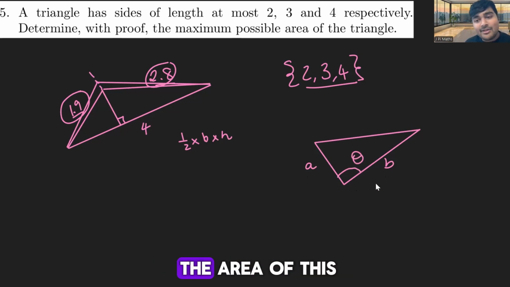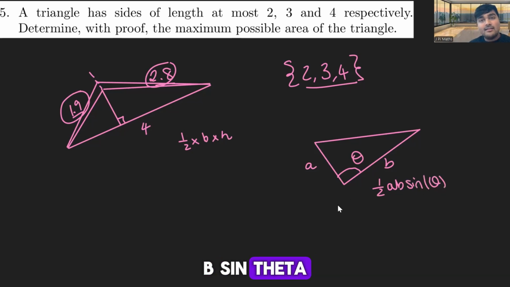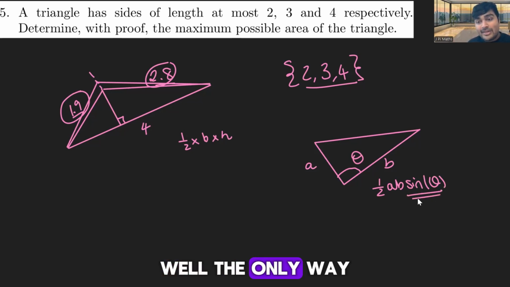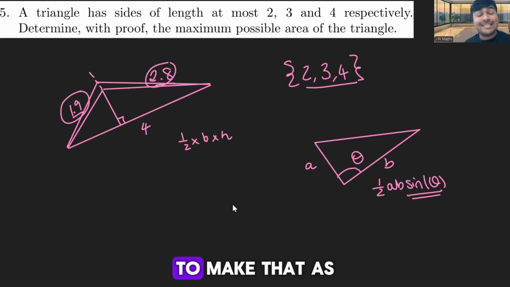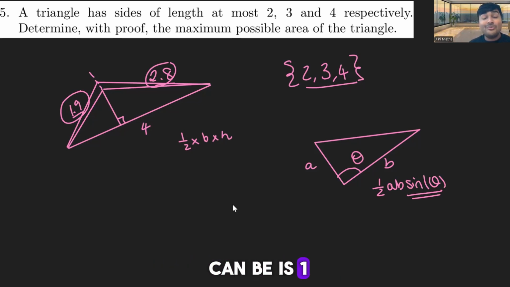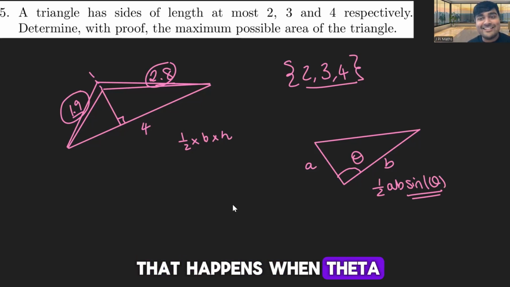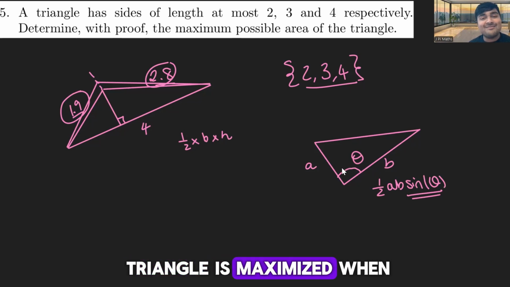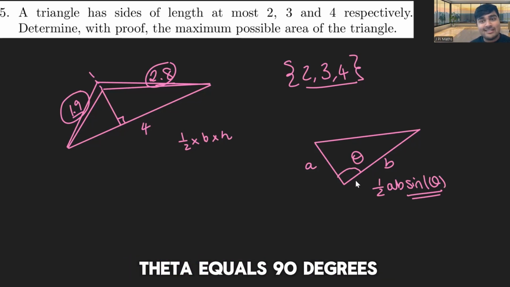And we know that the area of this triangle is a half AB sine theta. So if A and B are fixed, how do we maximize this? Well, the only way is to make sine theta as big as possible. The biggest sine theta can be is 1. That happens when theta is 90 degrees. And so the area of this triangle is maximized when theta equals 90 degrees.